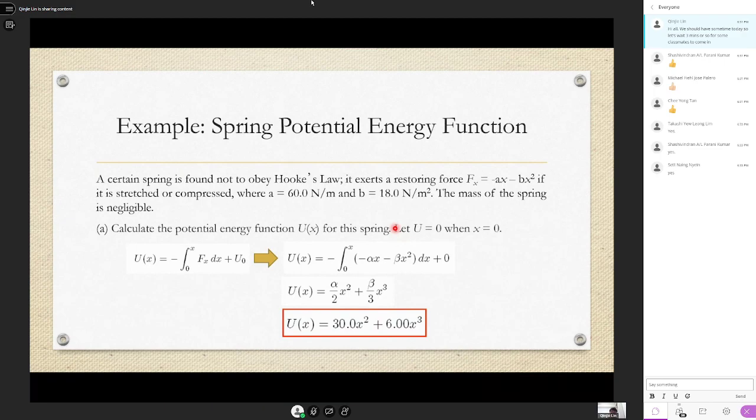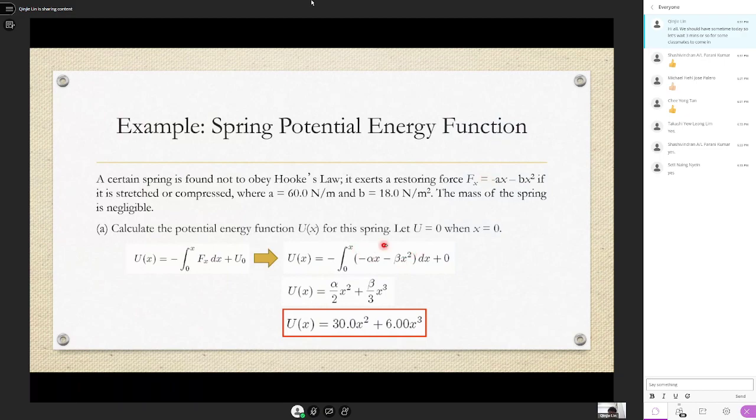So calculate the potential energy function. It is given by this formula. So we will just use this formula to calculate the potential energy function. Basically, whatever is in the formula, you put it inside and then try to solve it. In this particular case, this F(x) is already given, this expression here.